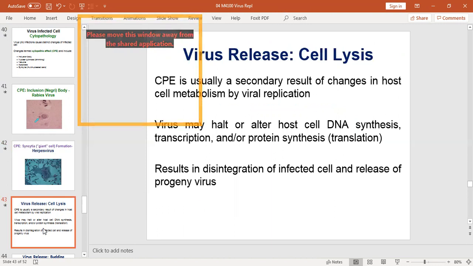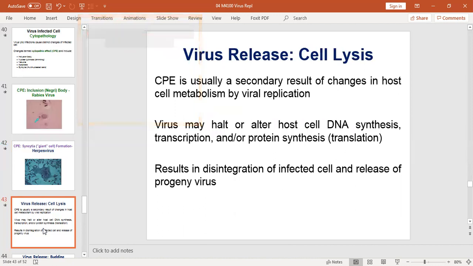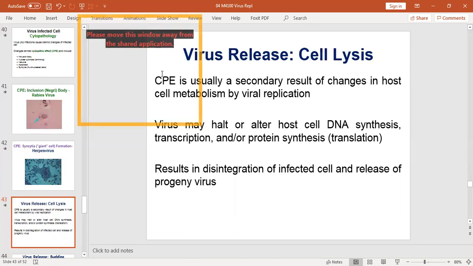Upon maturation, virus will be released from the host cell. Let's talk about a process whereby host cell will be lysed upon release of the virus. So cytopathic effects are usually a secondary result of changes in host cell metabolism that are dictated by viral replication.